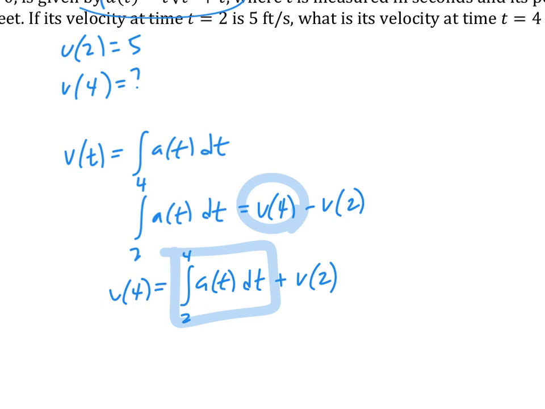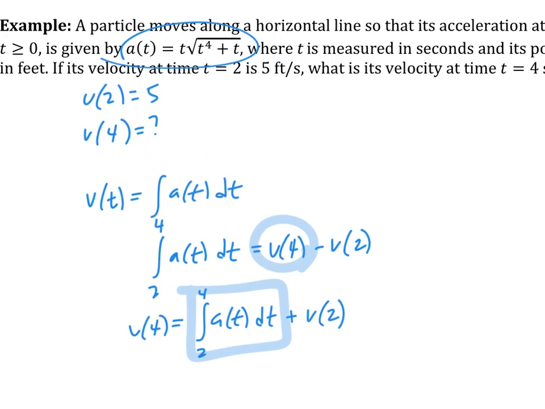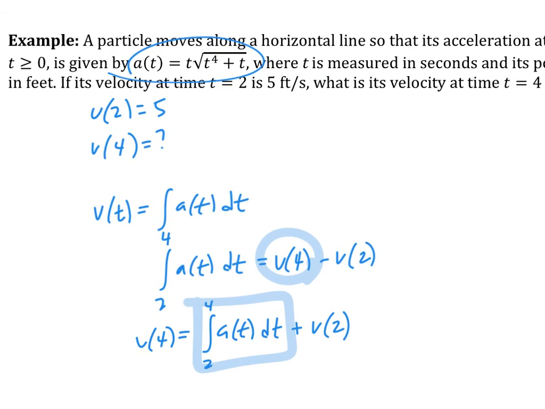If you didn't realize you can do it, you would have to find an indefinite integral, solve for c, and then plug in 4. It gives you the same answer, just much longer. So go ahead and try that. You've got to realize you can use FTC part 1. All right, this answer is 65.989.